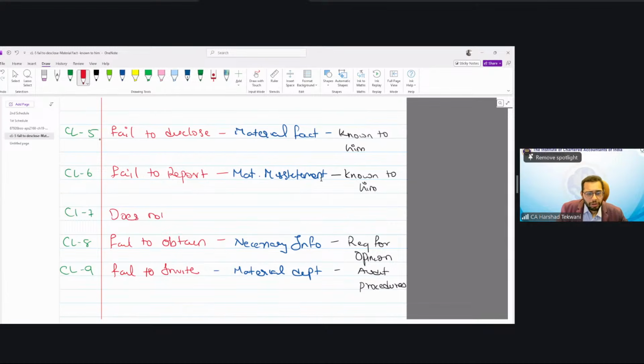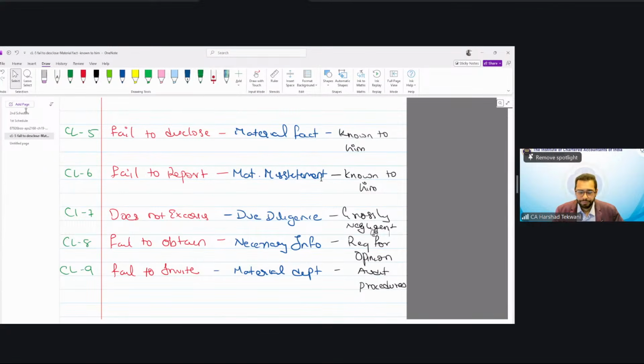In that particular case, clause 7 will come into the picture, as it did in our question.